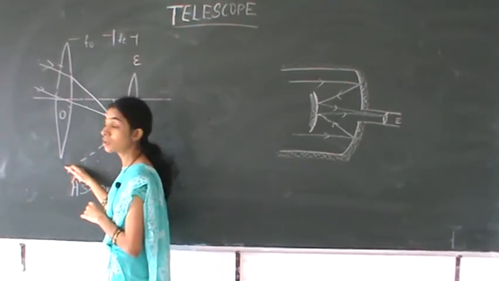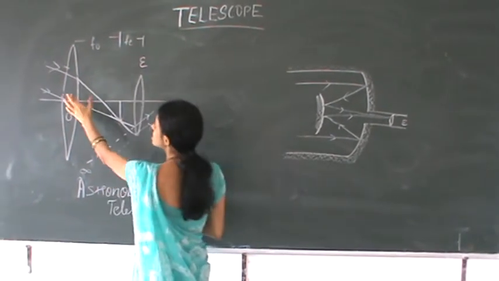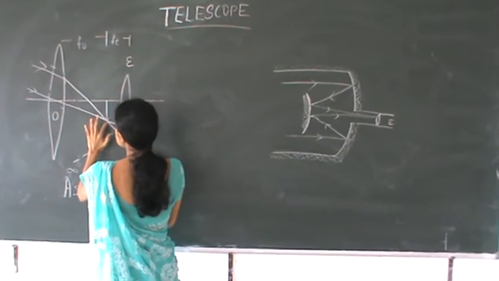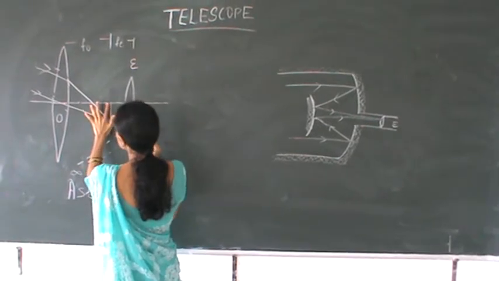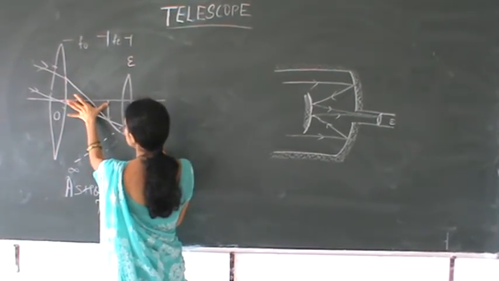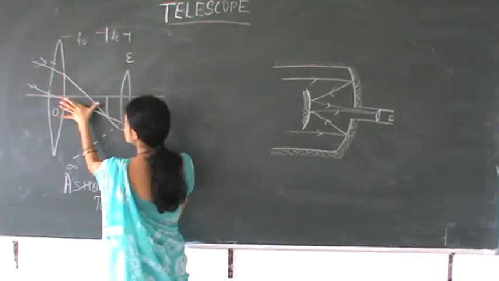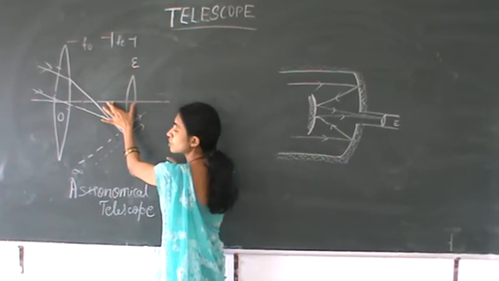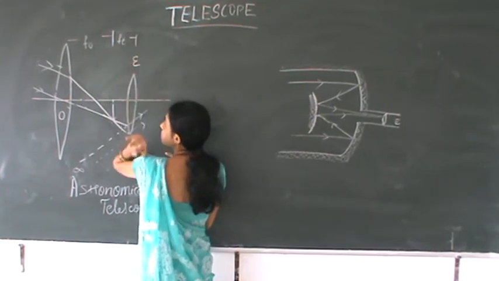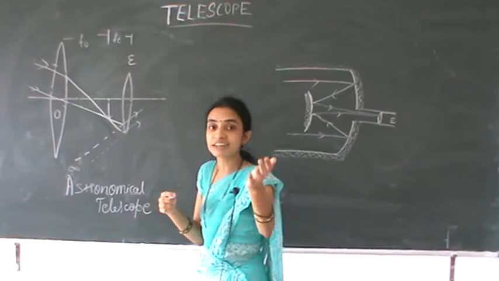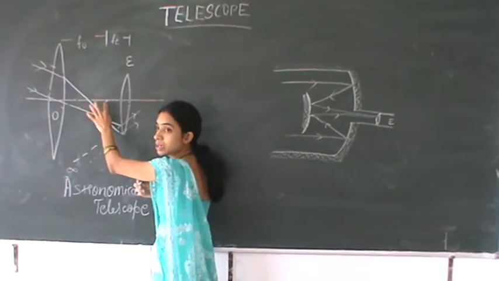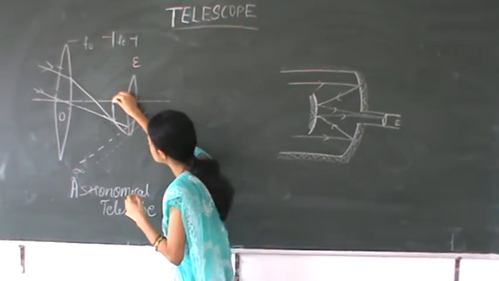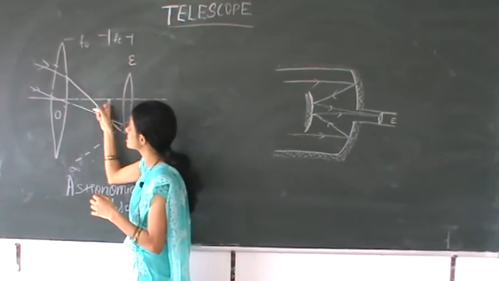By doing certain adjustments, the image formed by the first lens is observed at a position where this distance acts as the focal length. This distance is the focal length of the objective, and from here the focal length of the eyepiece starts. If our object is at infinite distance, the image will be at the principal focus, which is nothing but the focal length.